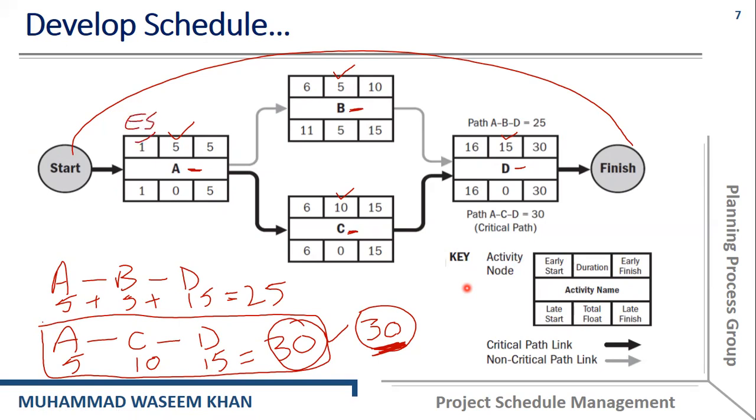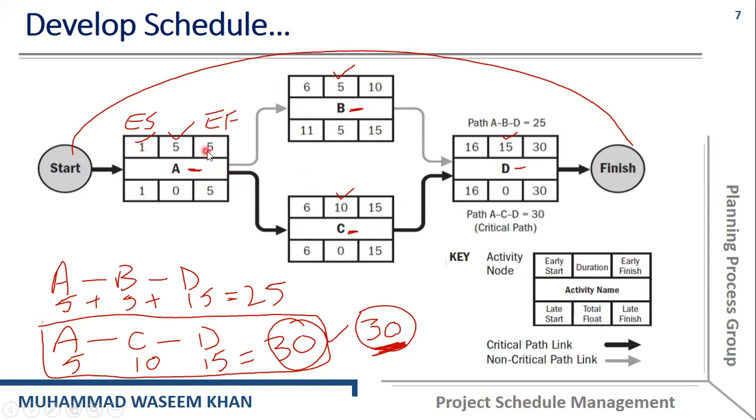As you can see, for activity A, if activity A starts on the first day, day one, then its earliest start is equal to 1. Remember that we can start a project with 0 or we can start a project with 1. This is an example of a project that starts with 1. We will discuss the project that starts with 0 as well.